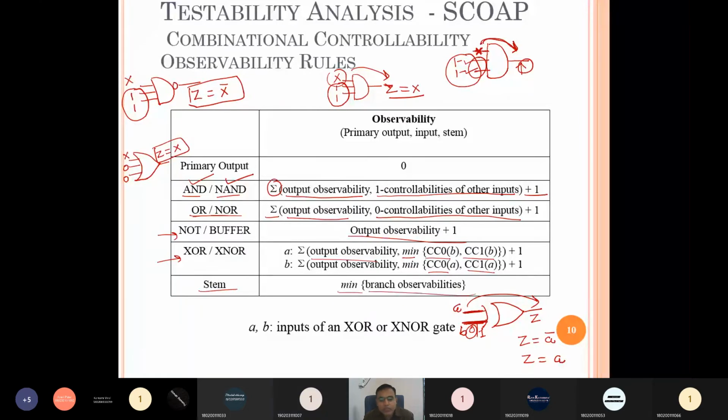That is the equation to calculate the observability for different logic gates. Any questions?